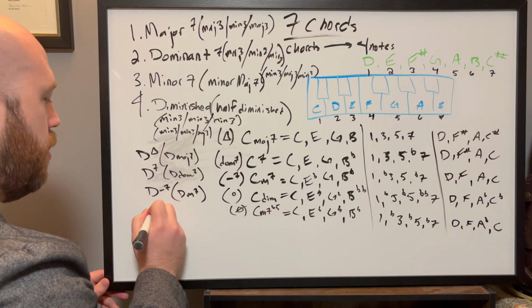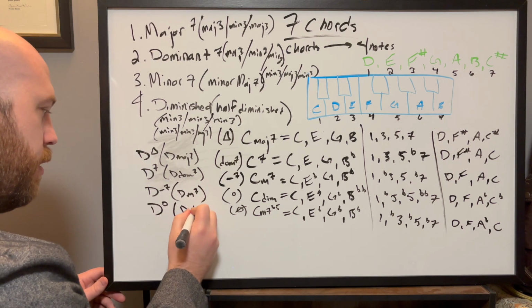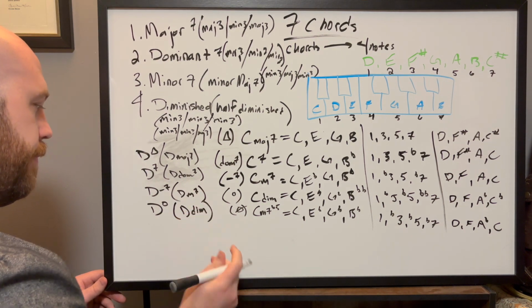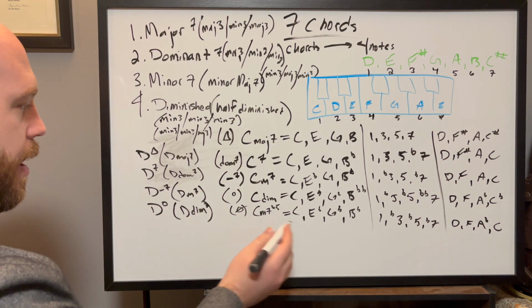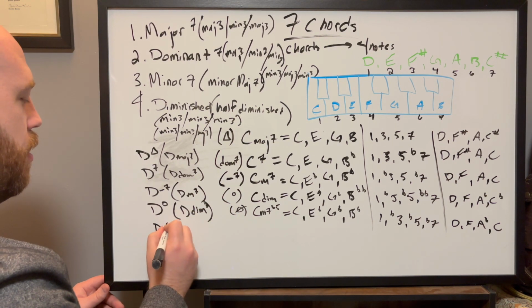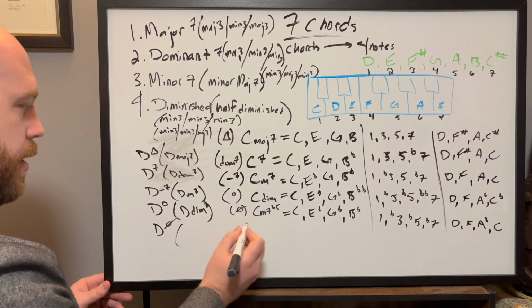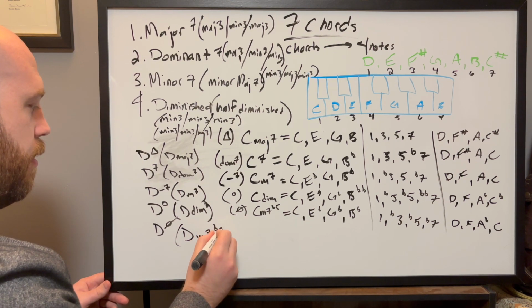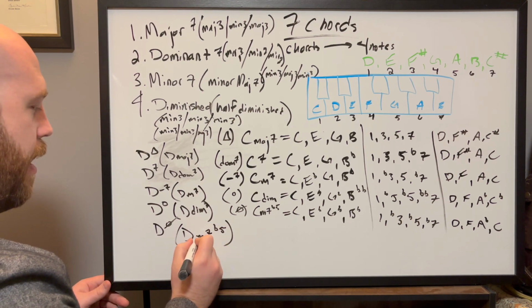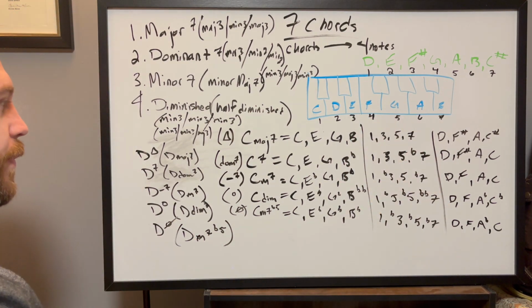Fully diminished, D little circle, that's fully diminished, or could be diminished. Sometimes you'll see a 7 here. And then half diminished, D circle with a line through it, or like we did it with the C, D minor 7, flat 5. Now it looks complicated, but I mean, spelling it all out doesn't make it too complicated.